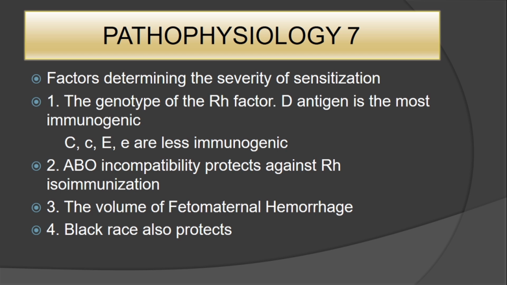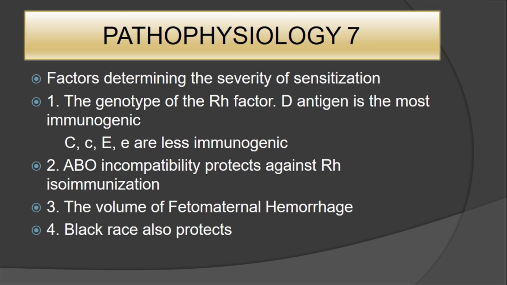Like I've said before, there could be some level of fetal maternal hemorrhage, that the blood can be as low as less than 1 ml, and the mother is sensitized. And occasionally there could be large volume of fetal maternal hemorrhage, and the mother is still not sensitized.